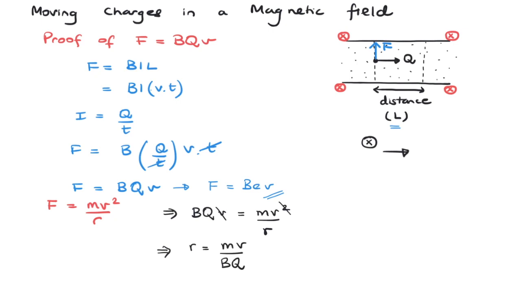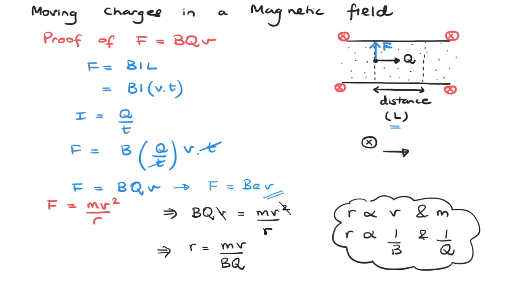So we can safely say from here that r, the radius of the circular path, is directly proportional to the velocity and the mass, but inversely proportional to the magnetic flux density and the charge. Those are some of the relationships that you can derive if you know this particular relationship, which is not given to you in the exam. So it's worth remembering it, or at least knowing how to get it. Hope this helps.